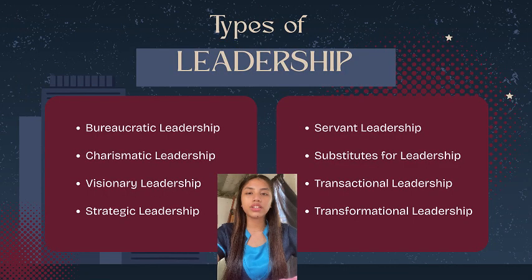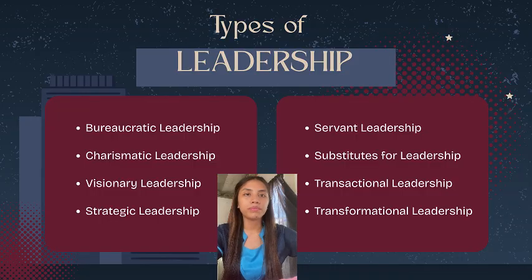The types of leadership. Bureaucratic leadership is leadership that follows strict rules and standard accuracy, used in dangerous work environments where specific procedures are important. Next, charismatic leadership relies on a personality that inspires and influences people.